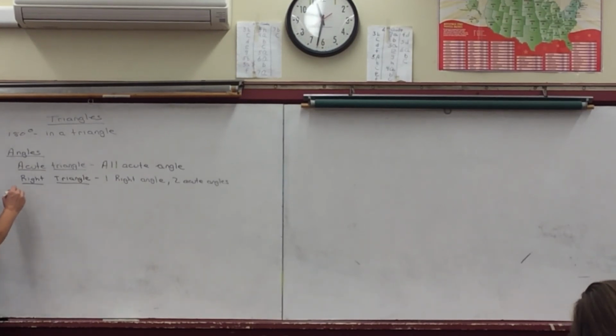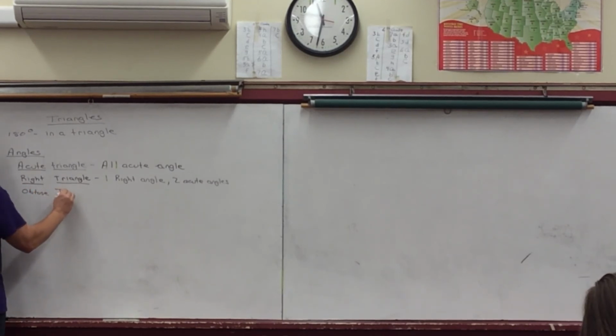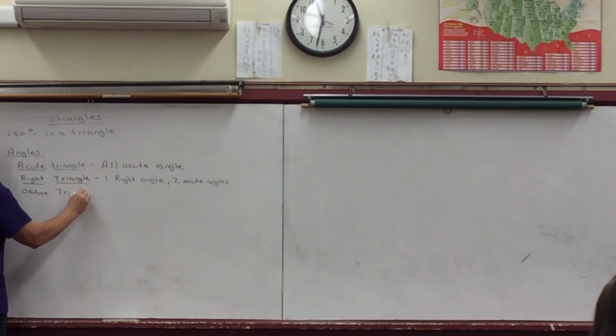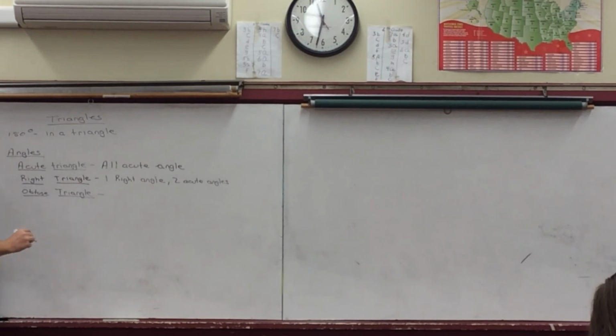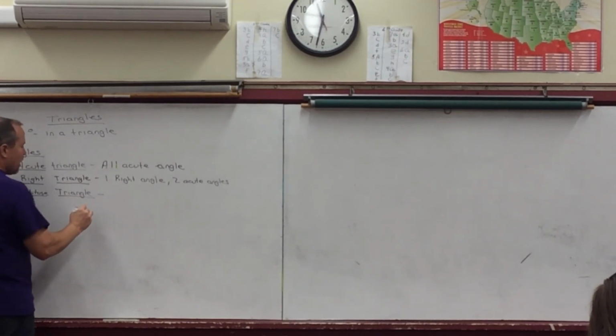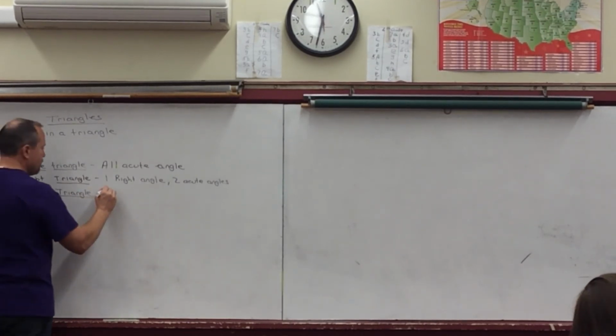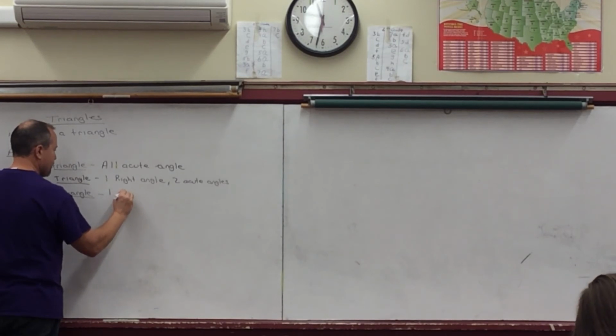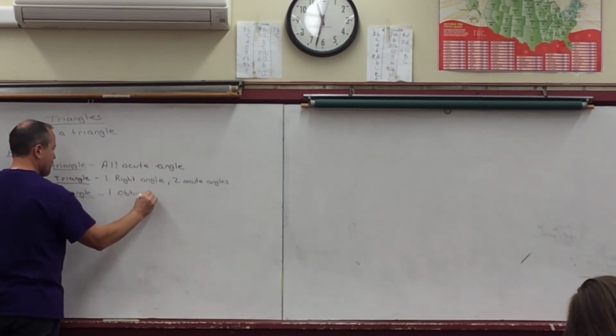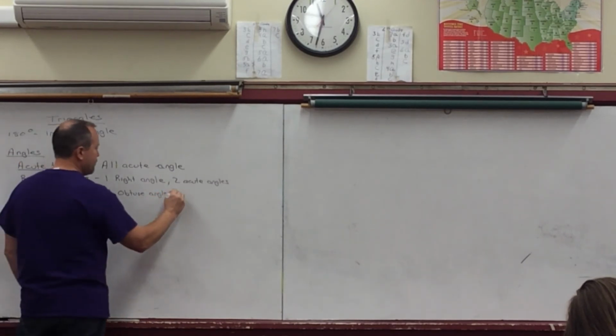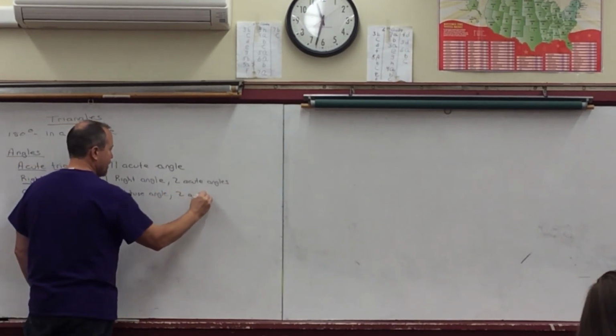And then the third type of triangle based on the angles would be an obtuse triangle. An obtuse triangle has one obtuse angle and then two acute angles.